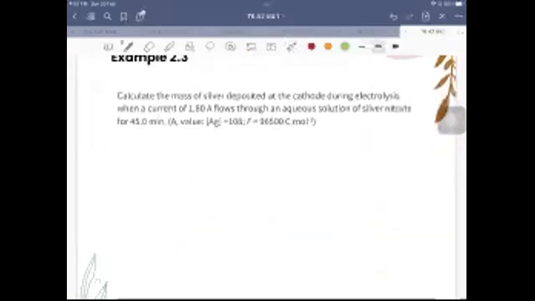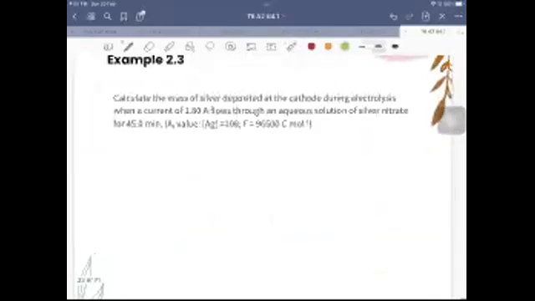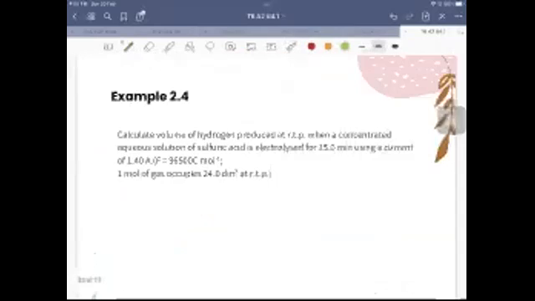For 2.3, the answer is a mass of silver. Okay, so that means it's 5.44 grams. Okay, so please check that you can get the answer. Example 2.4, it's asking for the volume of hydrogen. So usually, if the question doesn't specify, you would just leave your answer in dm cube.